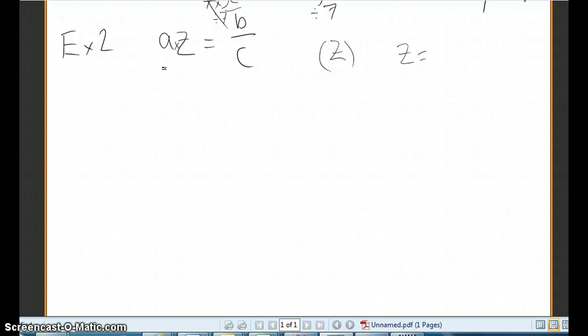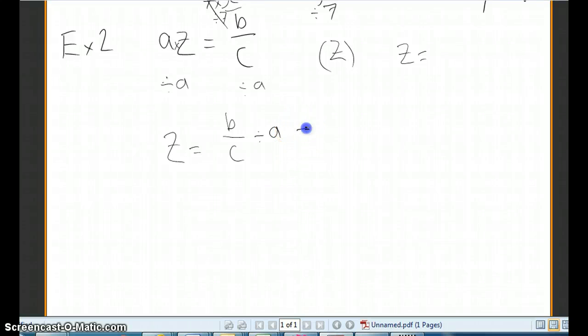To undo z times a, we should divide both sides by a to undo, or if you like, cancel out the multiplication of a. So I divide both sides by a. Solution, z equals b over c divided by a.